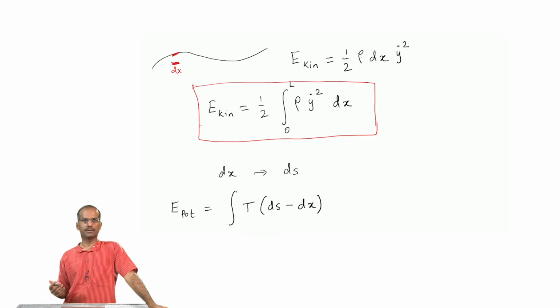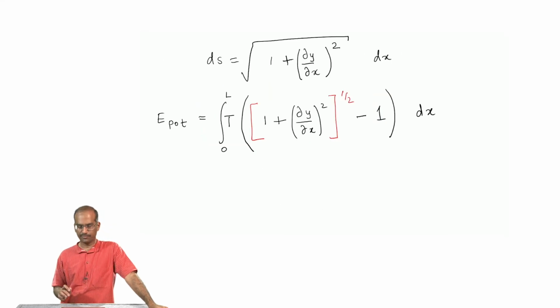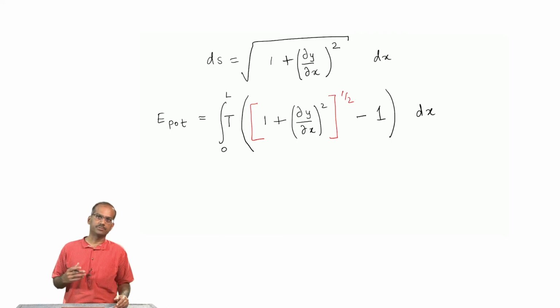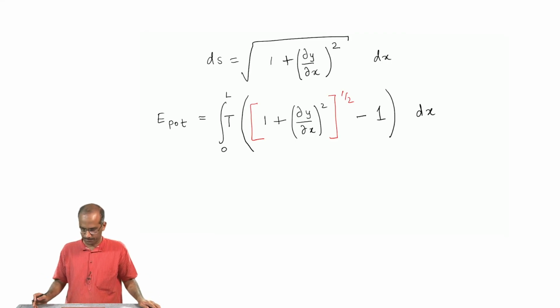If you remember some modules back, maybe a week or two earlier, we wrote down an expression for ds. I even gave a short derivation for this segment of length ds in terms of dx. This is again under the assumption that it is all within the ambit of small oscillations.